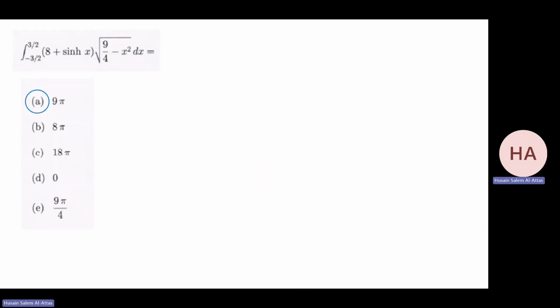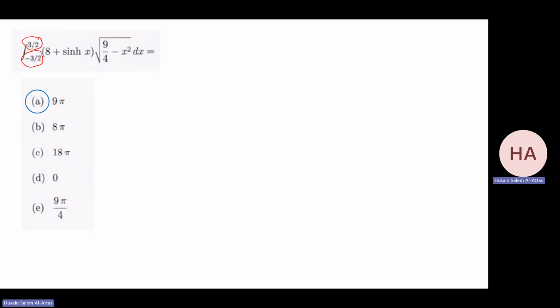Okay, now we have this 8 plus things. Yeah, when you see minus a to a, you need to think about, or not always, correct? But you have to think about odd and even. Because of that, I kept this question with this one. I did not take it to 5.9.